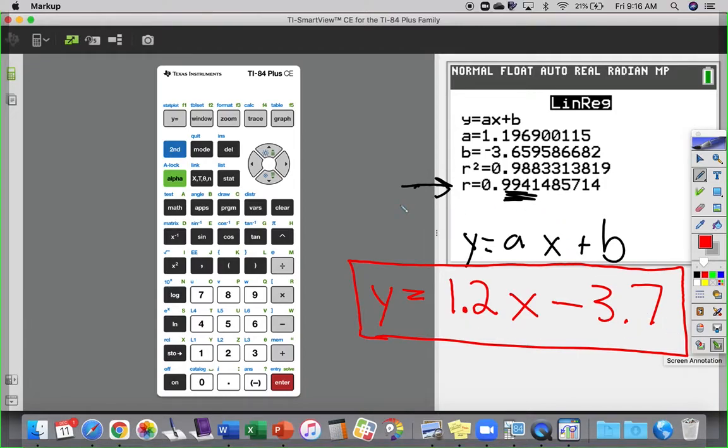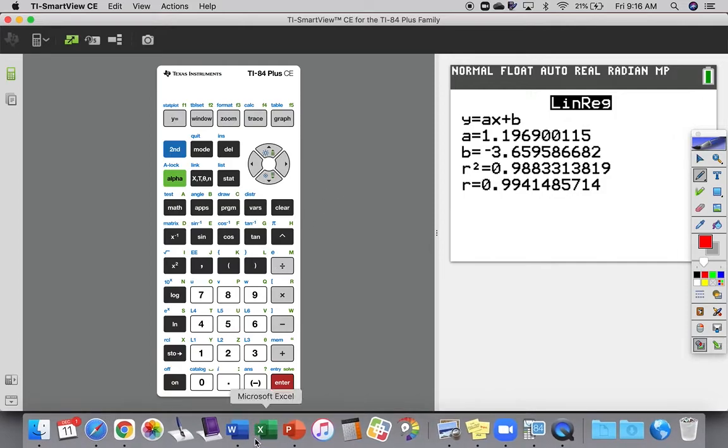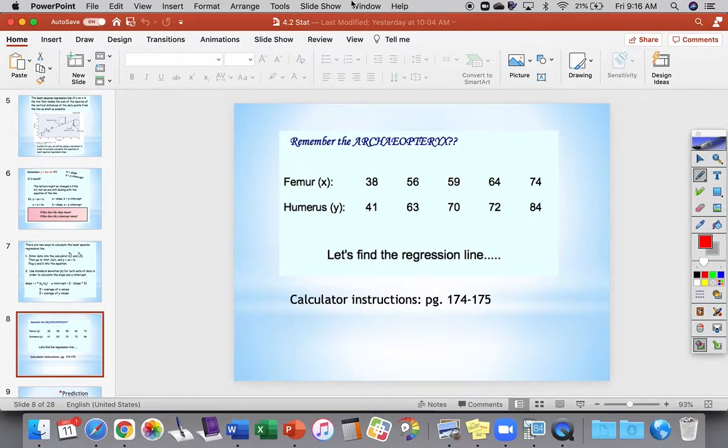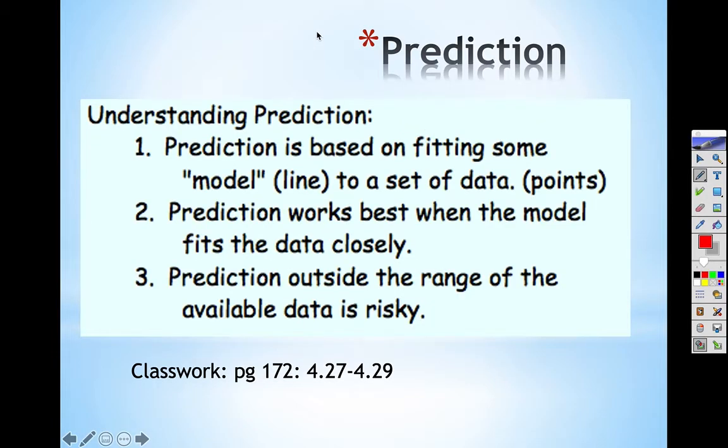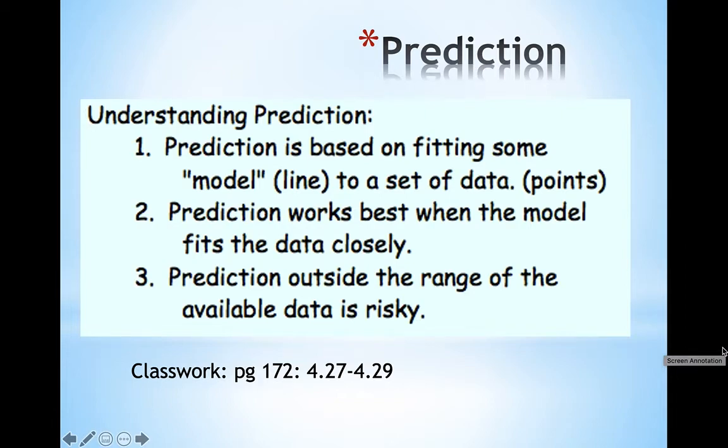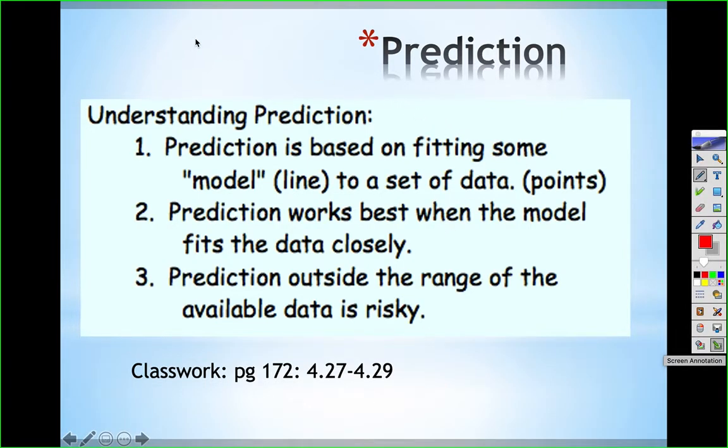And our last part of today is, once you get this line of best fit, what do you do with it? It's called prediction. Prediction is taking a line of best fit and putting an x into it to try and predict what y would be. Meaning, you take y equals 1.2x minus 3.7, and let's say you got a new femur bone, right?